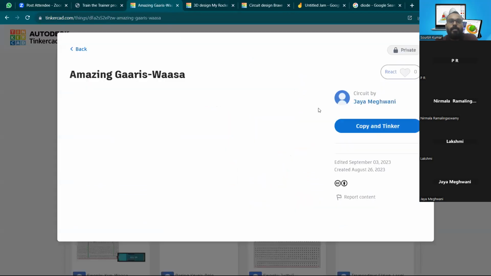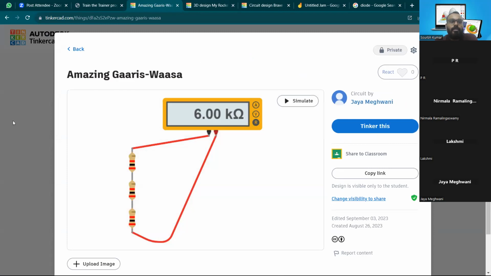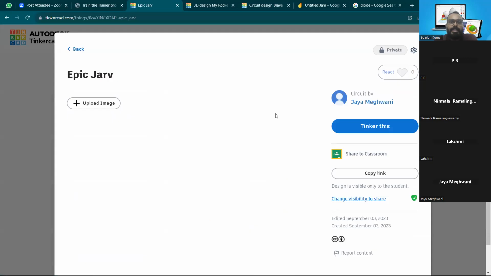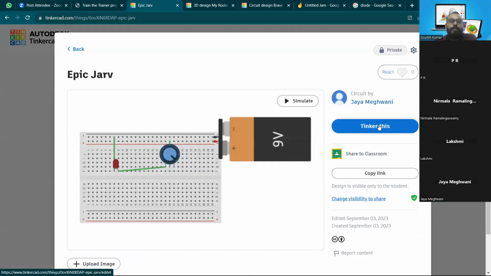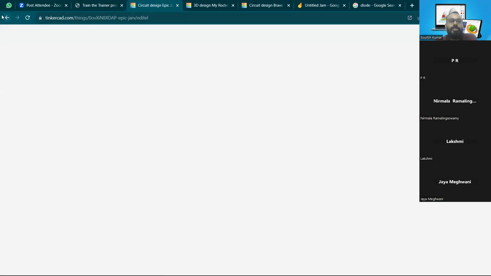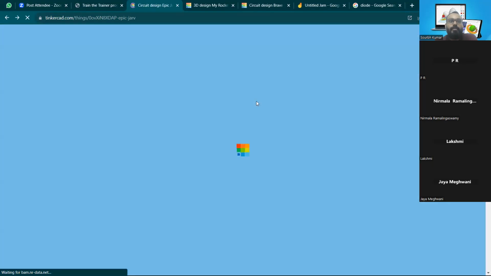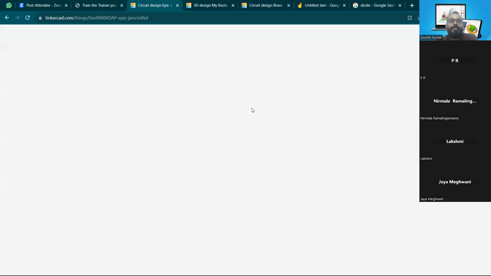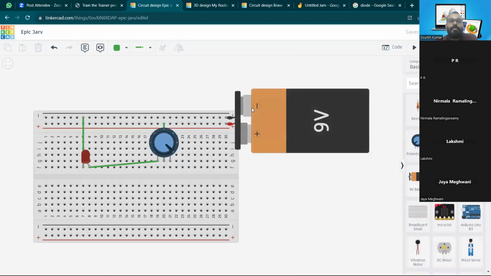Not this one. Okay, this one, the second potentiometer. Yes, this one. It seems to be some connection. Just wait, just open it. Open this, please.